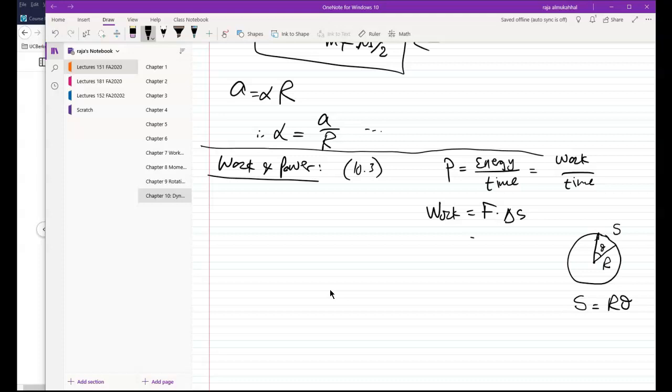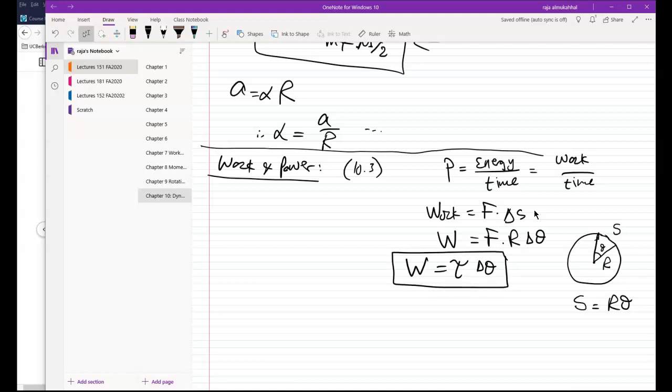So in this case, this will be F r delta theta. That's for work. You see what I'm saying? But what is Fr here? Well, that's torque. So work is tau delta theta. And that's one famous equation for work when it comes to torque.